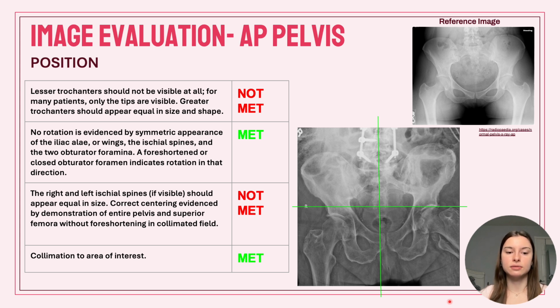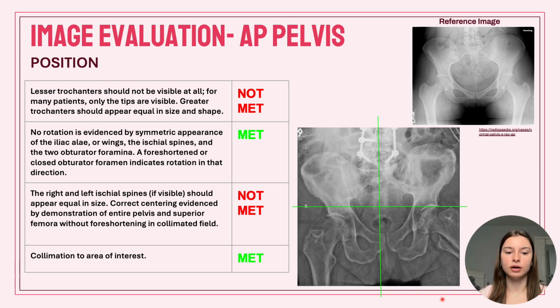Correct centering evidenced by demonstration of entire pelvis and superior femora without foreshortening and collimated field. So I did say not met for this one because although once again you can't see those left and right ischial spines, the superior femora on the left side is not fully seen, and there's a little bit of foreshortening happening on this femoral neck on the left side because the patient couldn't internally rotate that lower limb.